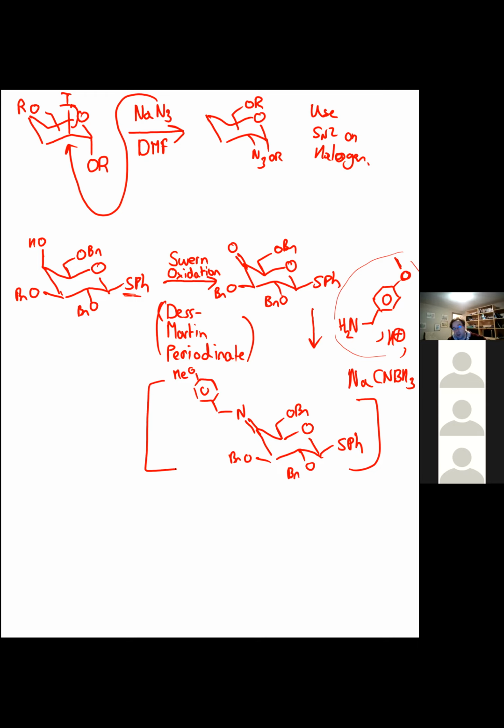I am going to add a hydrogen to that. I am going to reduce it. And I'm going to reduce it from the axial position, because whenever you have a small nucleophile, a small hydrogen nucleophile, it almost always prefers to attack axial. And that's because you're going through a more chair-like transition state when you do that.